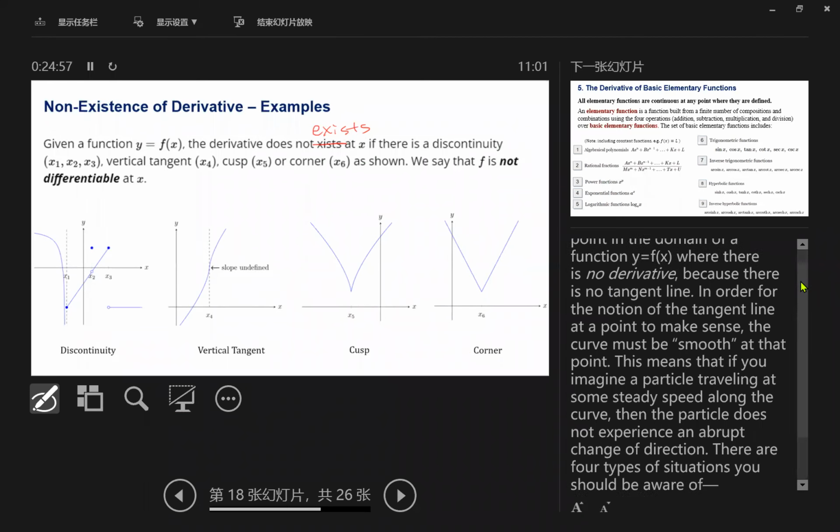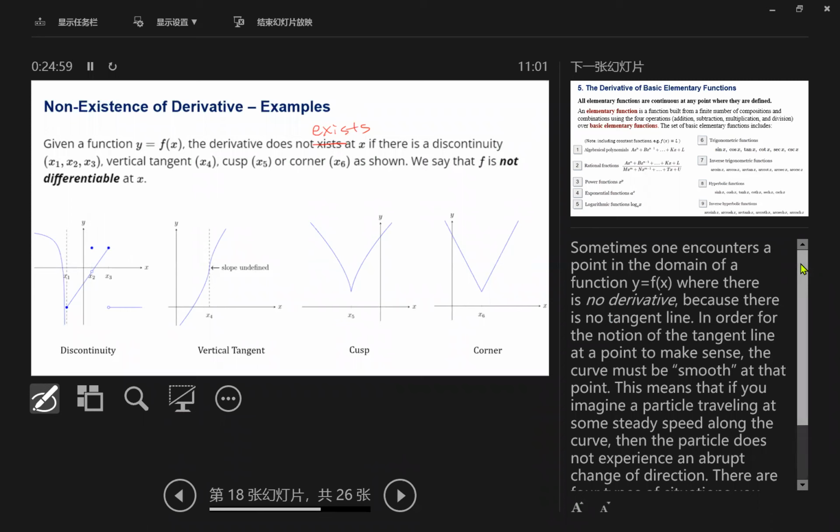Okay, so let's make a summary. Sometimes one encounters a point in the domain of a function, y equals f(x), where there is no derivative. Because there is no tangent line, in order for the notion of the tangent line at a point to make sense, the curve must be smooth at that point.